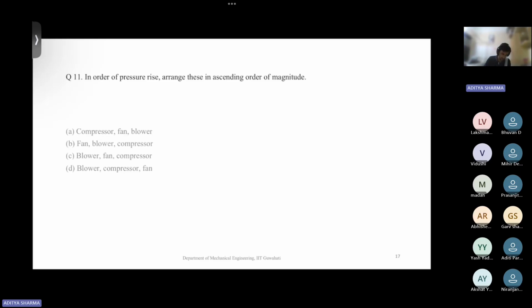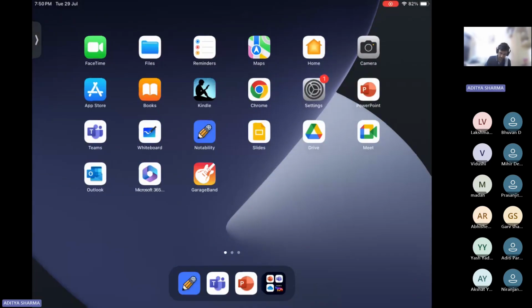Then question number 11. In order of pressure rise, arrange these in ascending order of magnitude. So the lower one will be the first one, the higher one will be the last one.